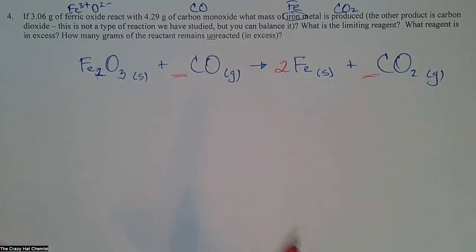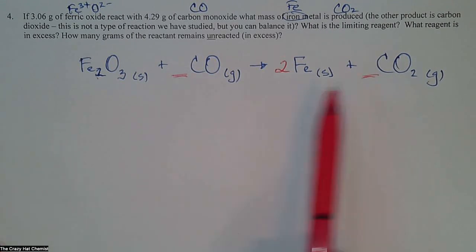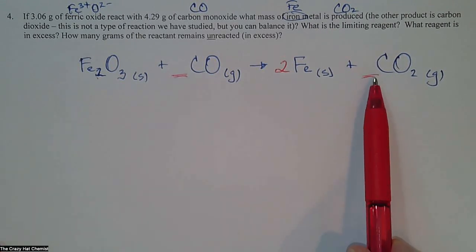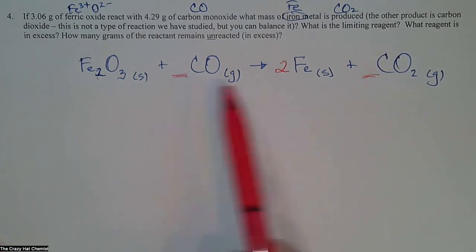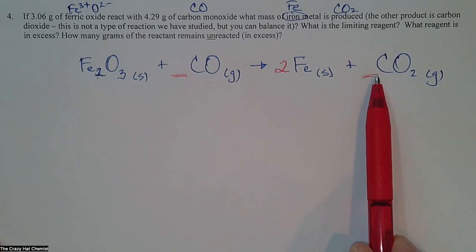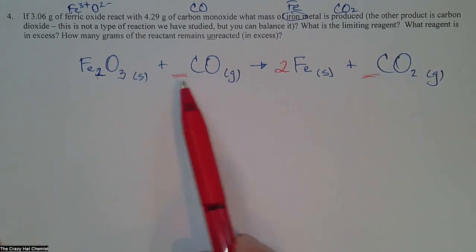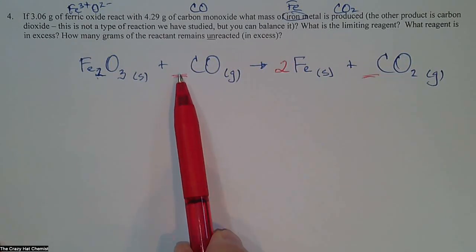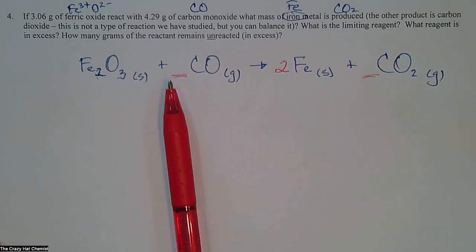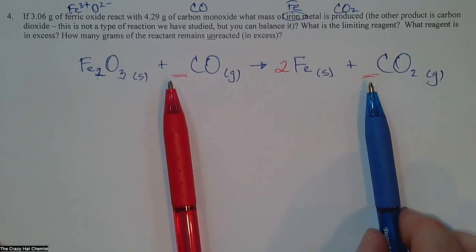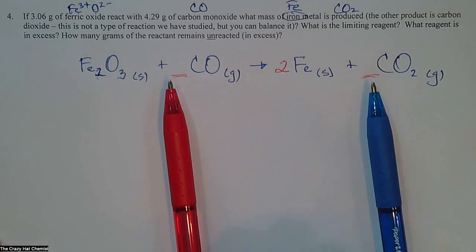You should see that of the underlined carbon monoxide and carbon dioxide, there's one carbon here and one carbon here. Being that there's one carbon on both of these, whatever number I have in front of carbon monoxide and whatever number I have in front of carbon dioxide must be the same number. So we're going to try ones.